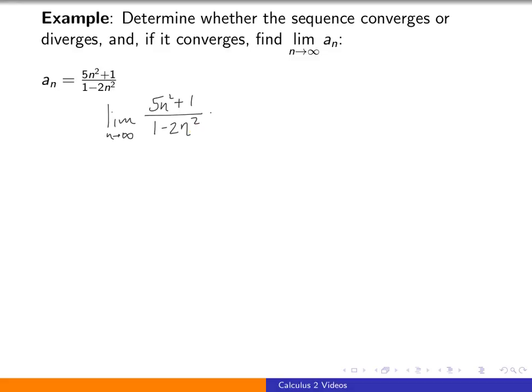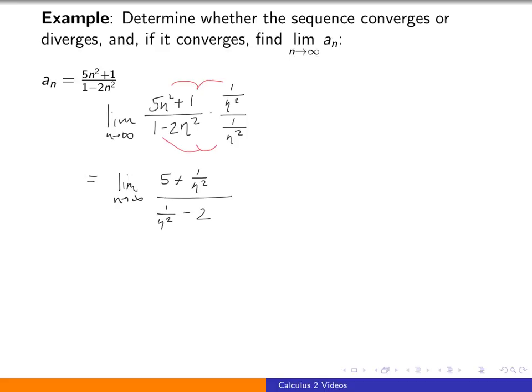So I'm going to multiply by 1 over n to that power, divided by 1 over n to that power. And if I take the 1 over n squared and distribute it through the top and distribute it through the bottom, we'll have the limit as n approaches infinity of 5 plus 1 over n squared, divided by 1 over n squared minus 2.